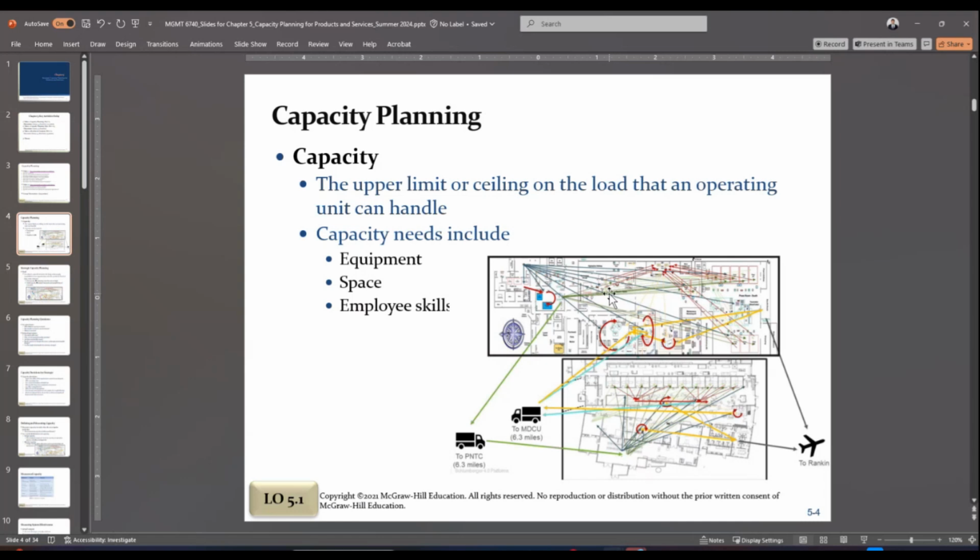You should be able to deep dive into each section, that is each department, and look into the equipment, how much space is needed, and what kind of employee skill is required to work in this department. Once you complete this, you go to the next one, look at the equipment, space, as well as employee skill required, and so on. Those are the kind of examples you should be looking at as a capacity planner.